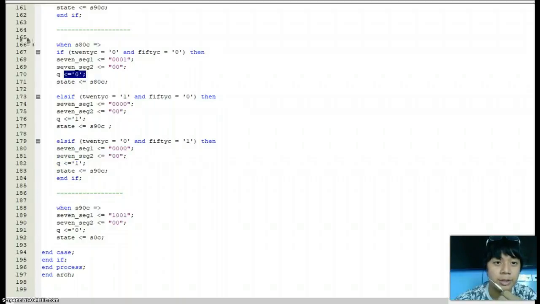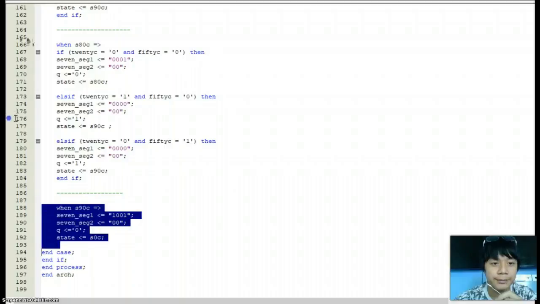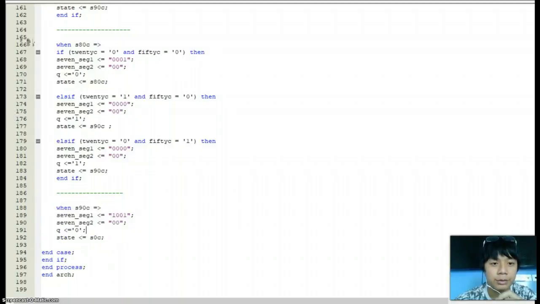At Q is 0, the LED is still on, signifying that the open mechanism hasn't been opened yet and coffee hasn't been delivered. At the last state, the LED will be back on, and the whole system restarts itself.